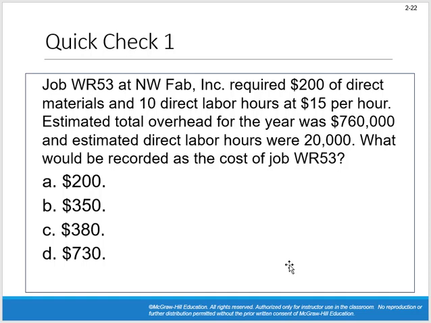When they say the total cost of the job, that includes direct materials plus direct labor plus MOH. The trickiest part is that you need to compute the predetermined overhead rate and apply it to this job, so you have to figure out how much MOH would be applied. Go ahead and hit the pause button for a moment while you work this out.